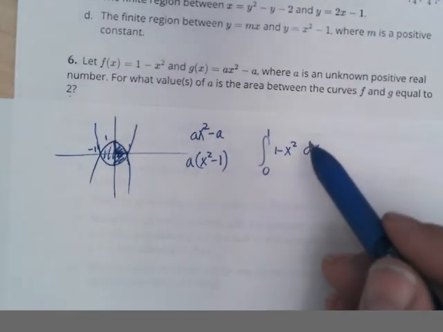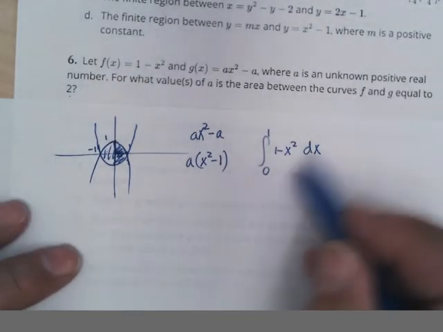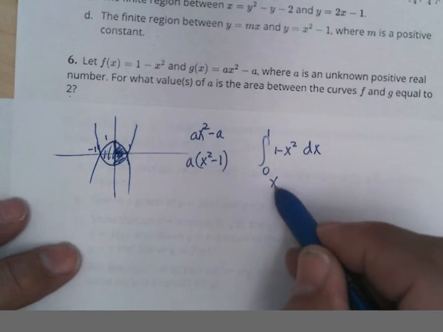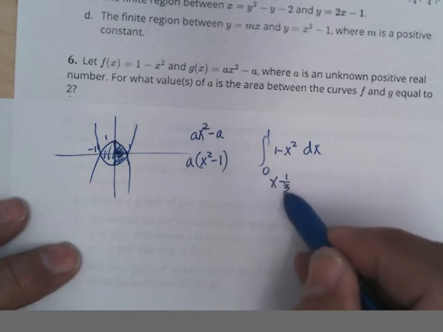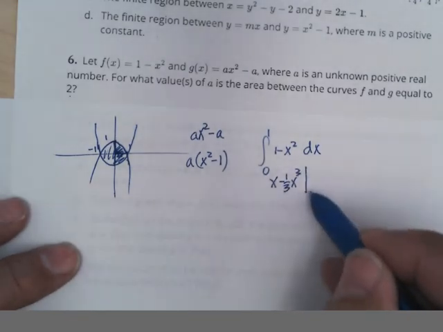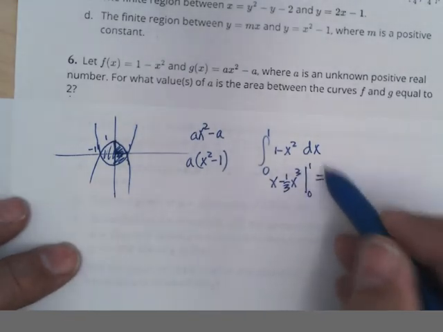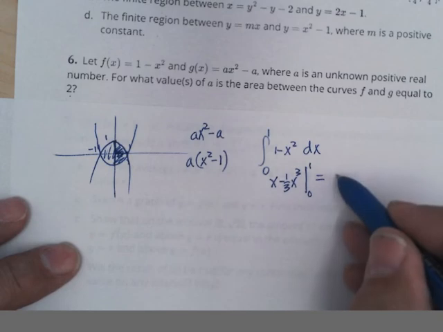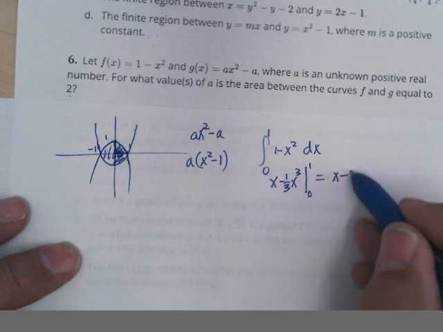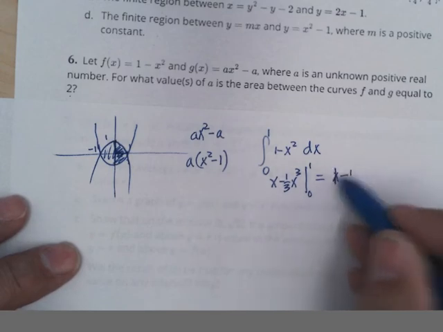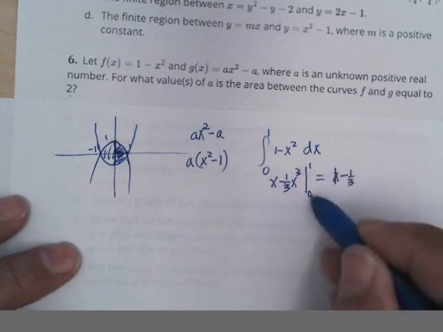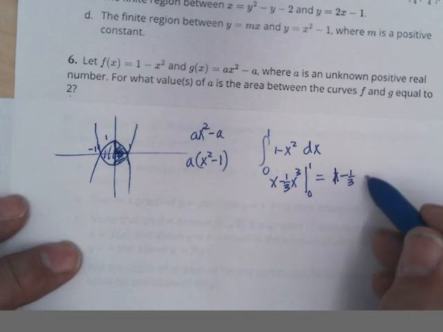And that area will be x minus 1/3 x to the third evaluated from 0 to 1. And if I put 1 in there, I get 1 minus 1/3. Put 0 and I get minus nothing, so this is 2/3.